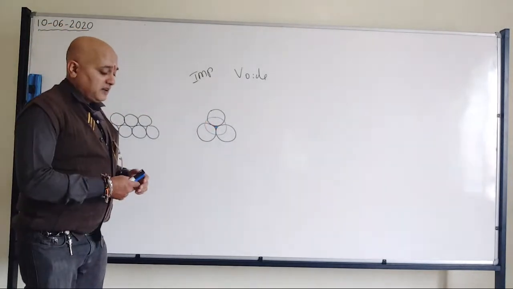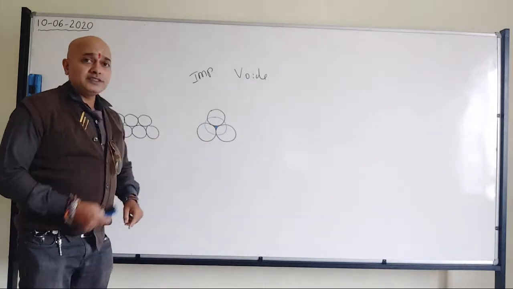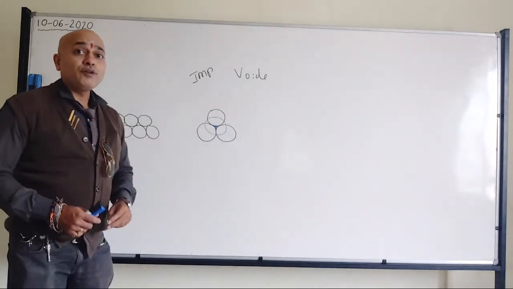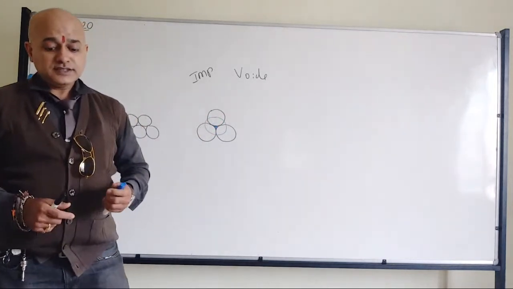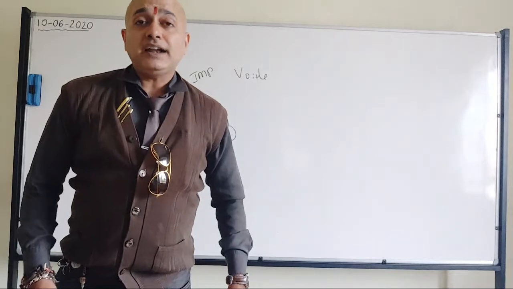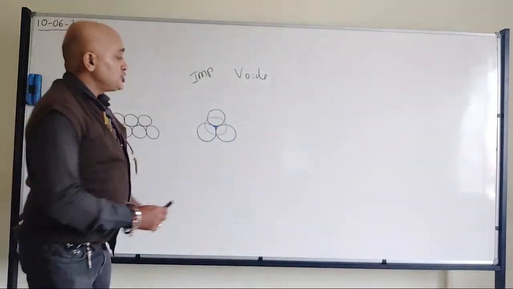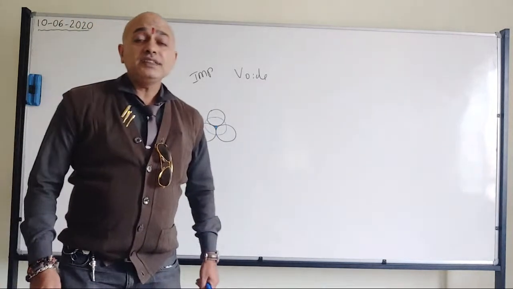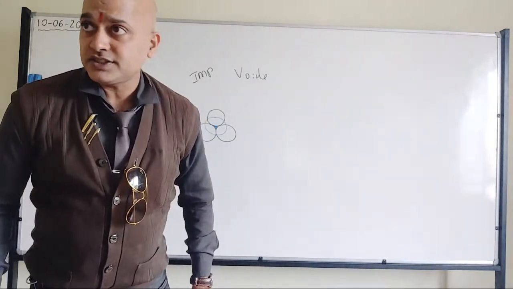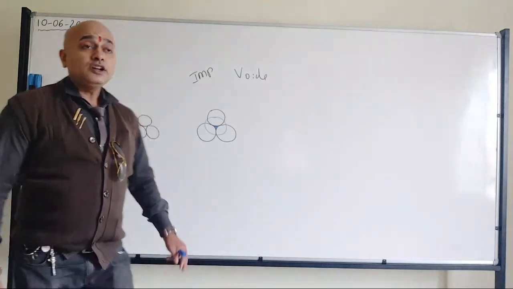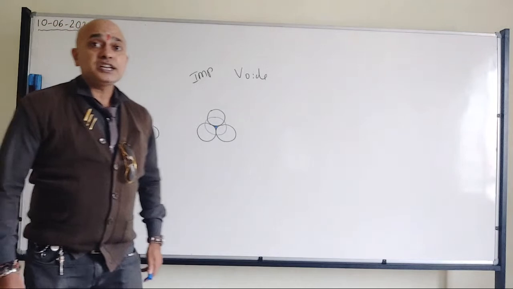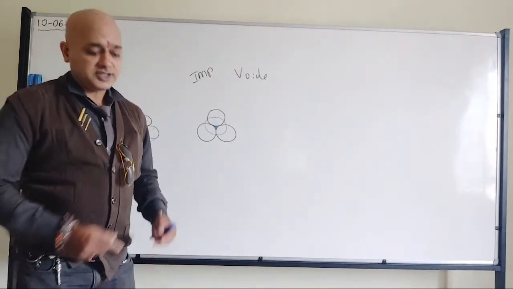So this particular void is formed due to the 4 atoms. If I join the nucleus of these 4 atoms, it will give the shape of a tetrahedral structure.